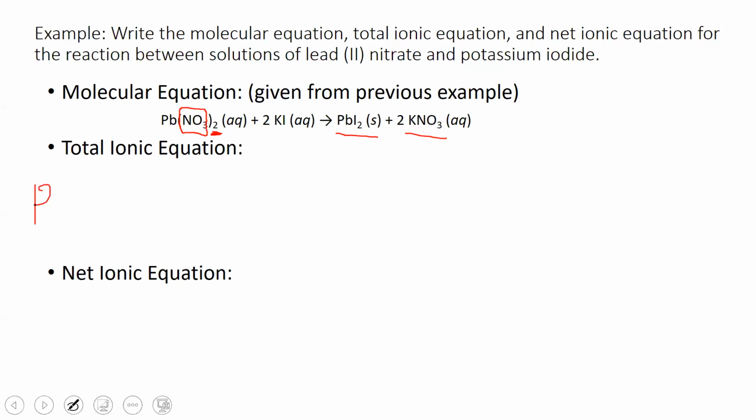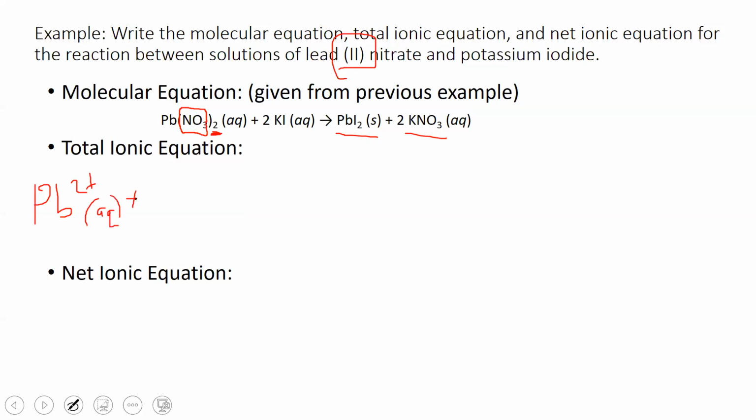So we have our Pb2+, and this is lead 2. We know it's 2+ because it's in the new or standard form of nomenclature for a type 2 ion. And that lead 2+ is going to be aqueous.